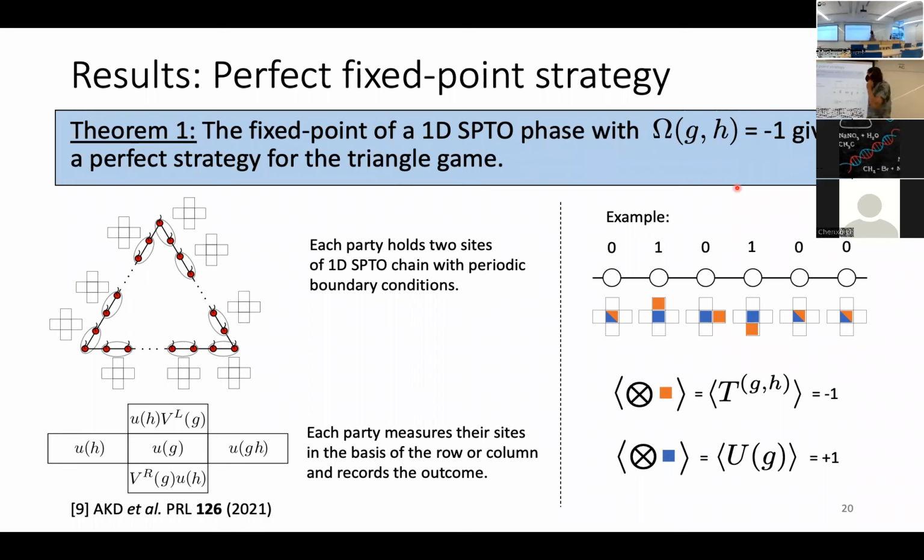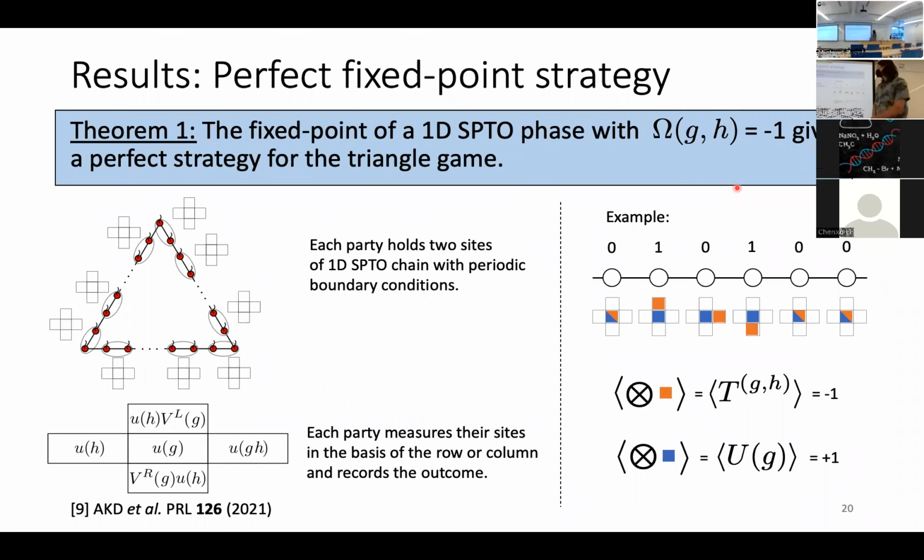And furthermore, by inferring the expectation value of the tensor product of all of the operators in the orange boxes, we can infer the expectation value of the twisted string order parameter being -1.